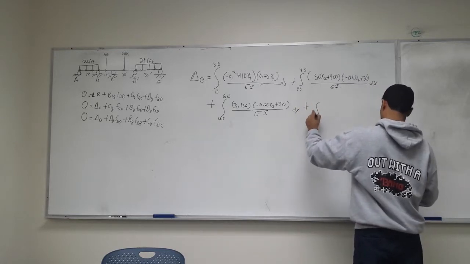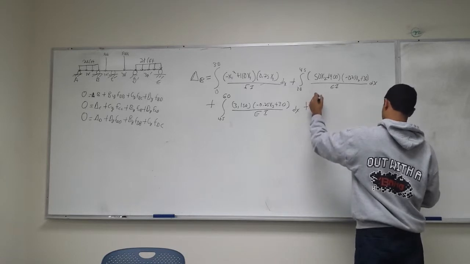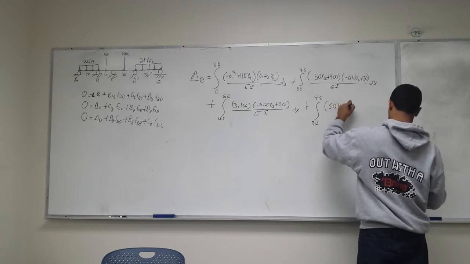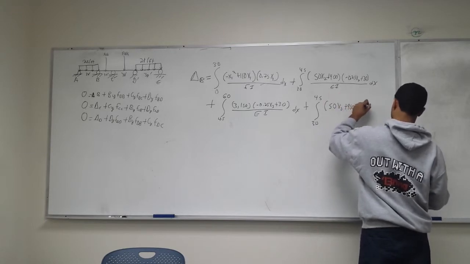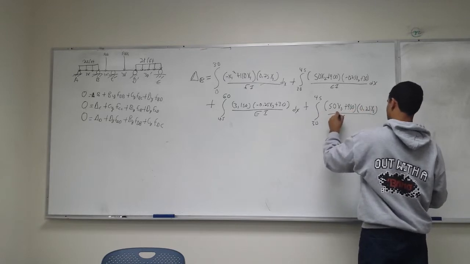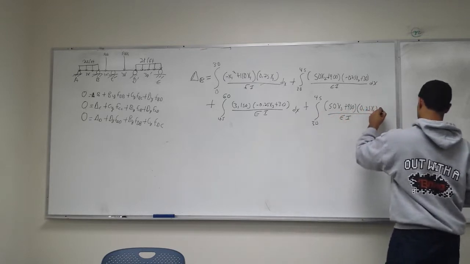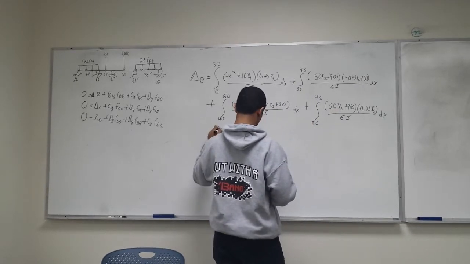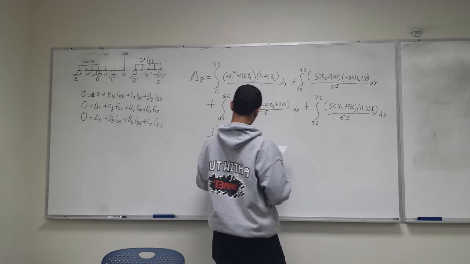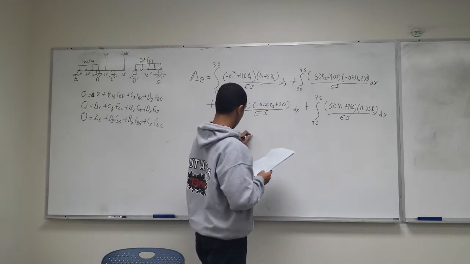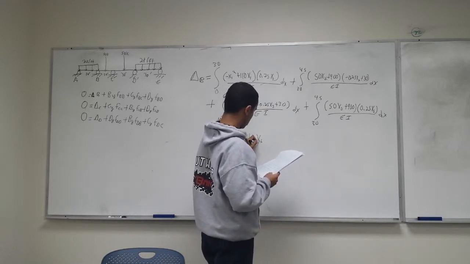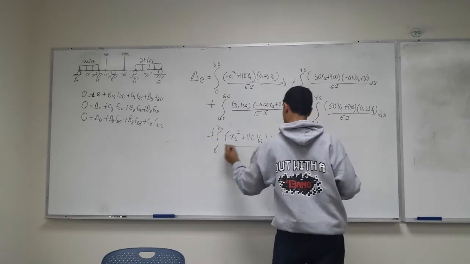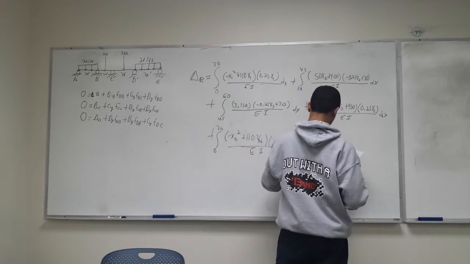Plus the integral from 30 to 45 of (50 x5 plus 900) times 0.25 x5 over EI dx, plus the integral from 0 to 30 of (negative x6 squared plus 110 x6) times 0.25 x6 over EI dx.